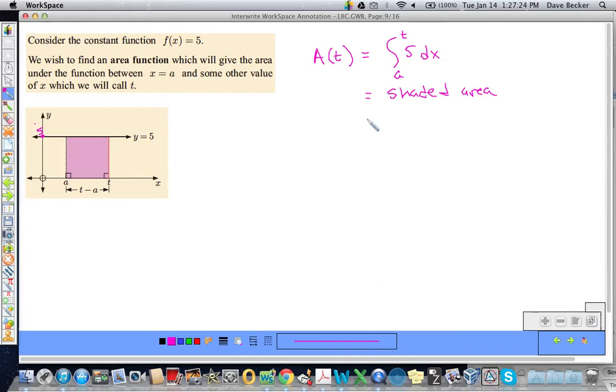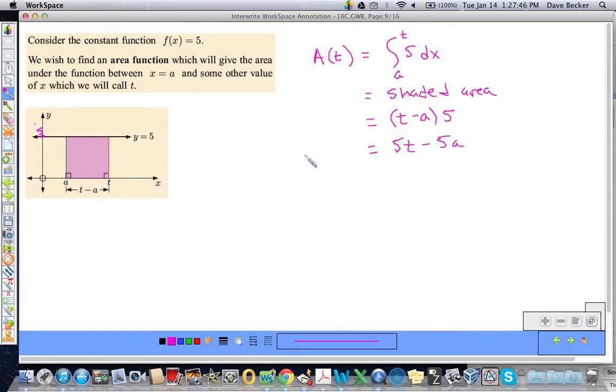Well, we know that this shaded area is equal to t minus a, that's that length right here, times the width or the height, however you want to think of it. Well, this height is 5, so it's equal to t minus a multiplied by 5, which I can easily write as 5t minus 5a.